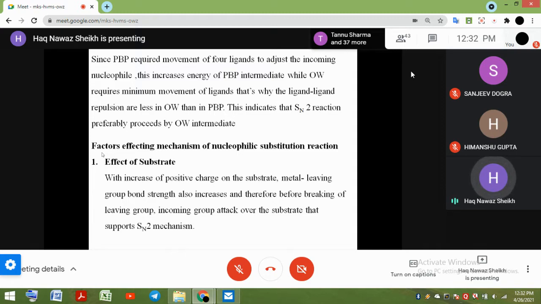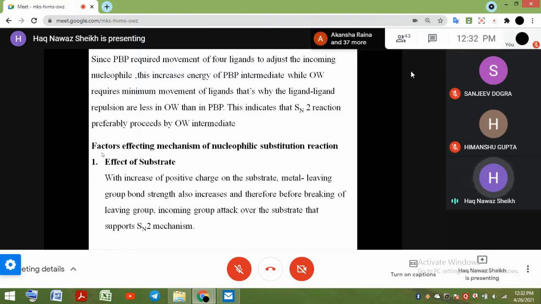With the increase in positive charge, if you have a positively charged complex ion and negatively charged counter ion outside the coordination sphere, if you increase the positive charge on the complex, then the metal-leaving group bond strength also increases, and therefore bond breaking of the leaving group becomes difficult, and incoming group attack over the substrate supports the SN2.